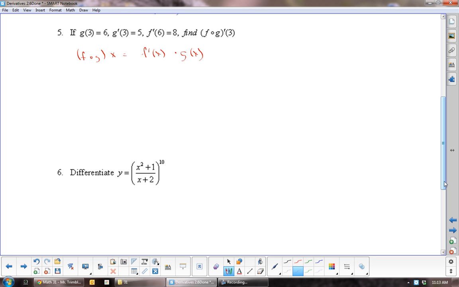But more specifically, we're doing f of g of 3, which should equal f prime of g of 3 times g prime of 3.